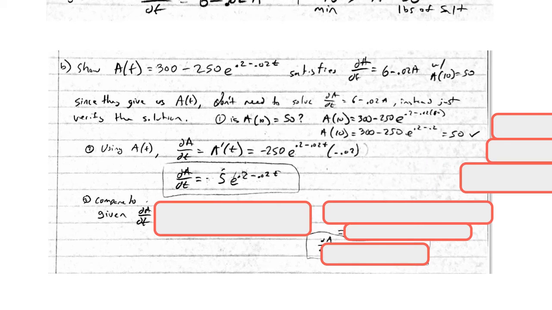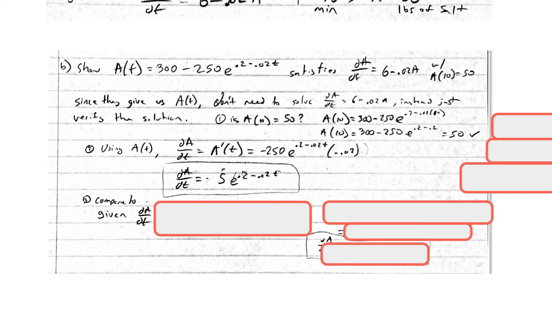So we have this dA/dt from this equation, and I have this original dA/dt. Again, I'm trying to show that it's a solution to that. So I'm going to take this and plug it into there, just like we plugged y and x into the equation in the example. Essentially it's like this is the dA/dt, and I have to show that it equals this. So 6 minus 0.02A, well, what's A?